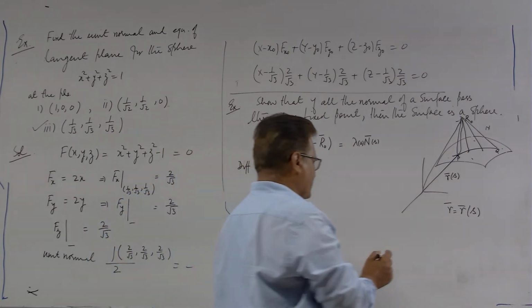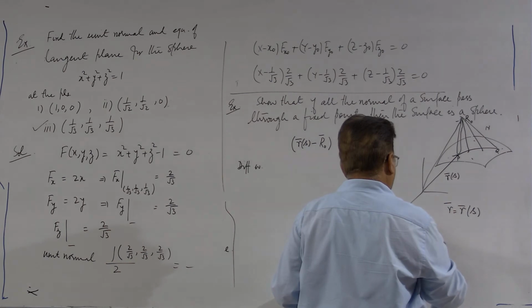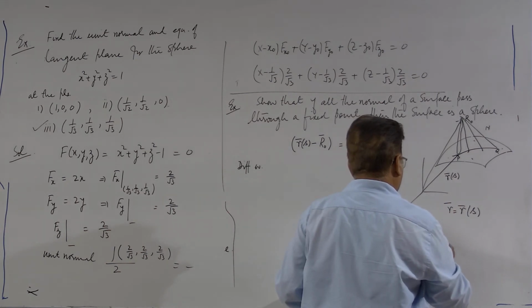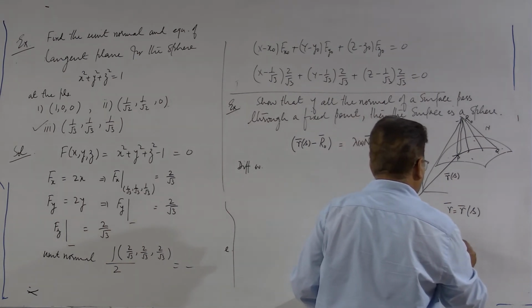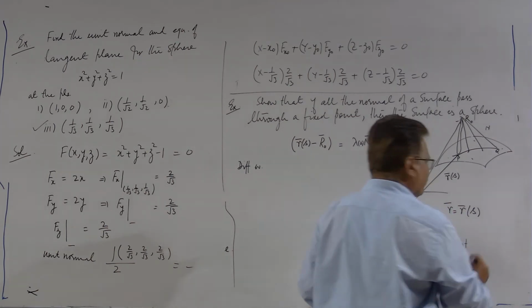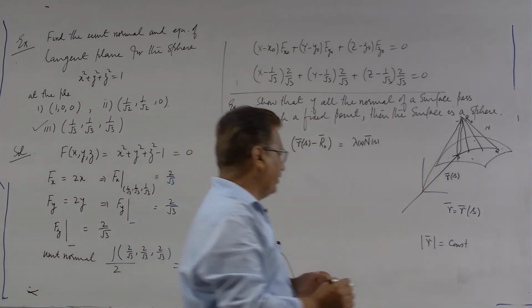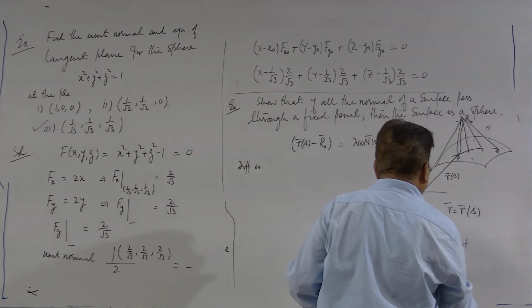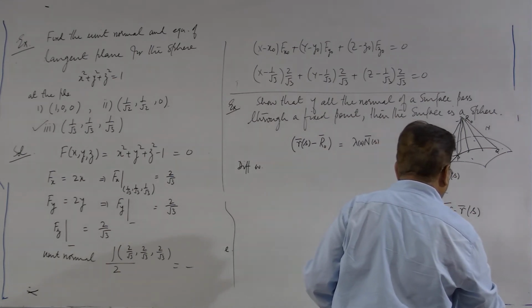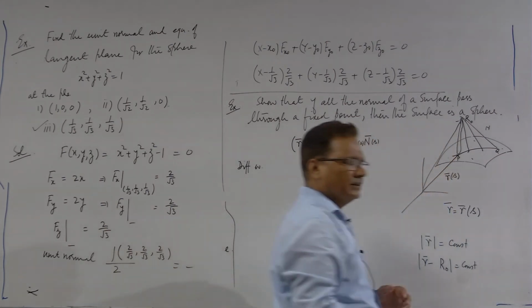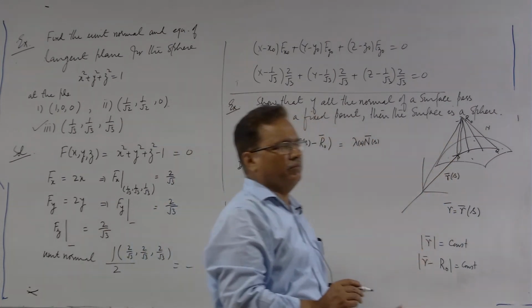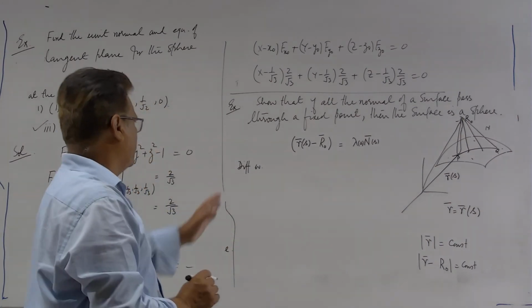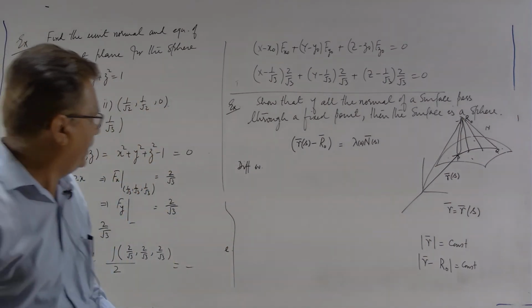So if a sphere has its center at the origin, its equation is mod r equal to constant. If the center of the sphere lies at r0, its equation will be mod r minus r0 equal to constant. So these things are in my mind before I approach this question. These things should be in our mind.